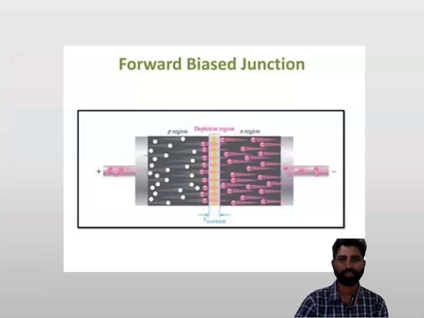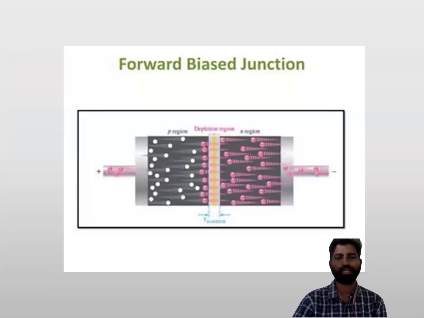What else you can see is this. In the earlier case, we had this much of the depletion region, and when we apply the opposing force, that is, the positive terminal is connected to the P side and the negative terminal is connected to the N side, due to this opposing field the depletion region will decrease.